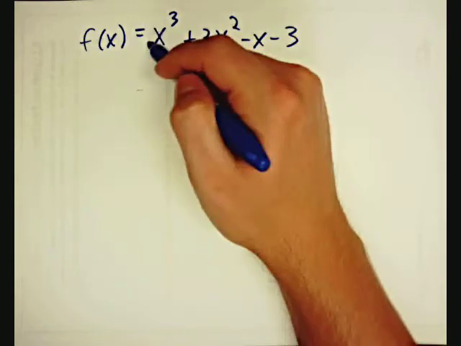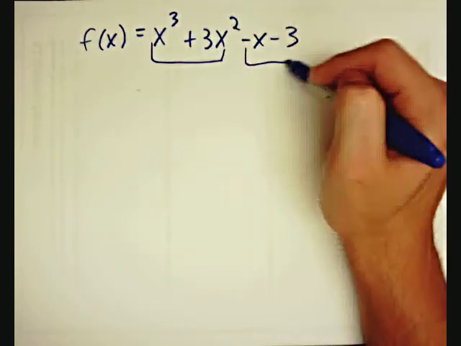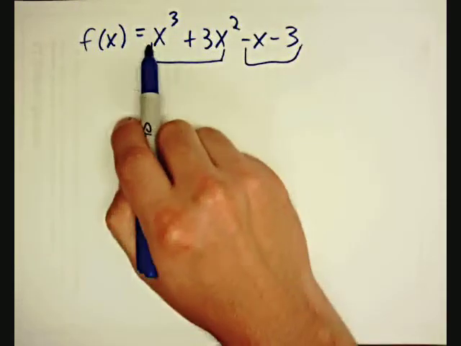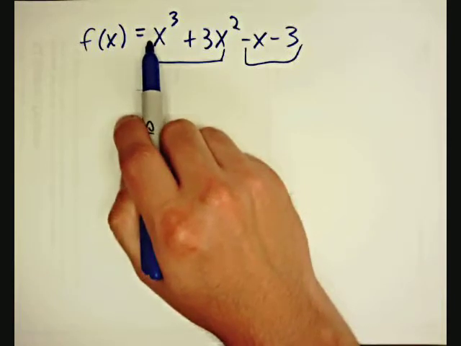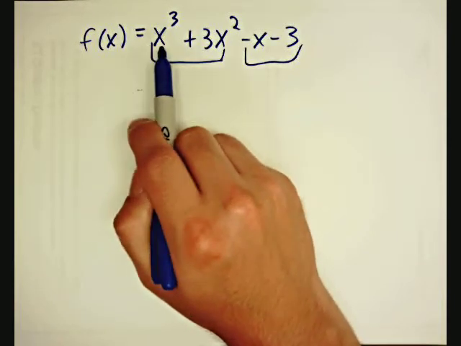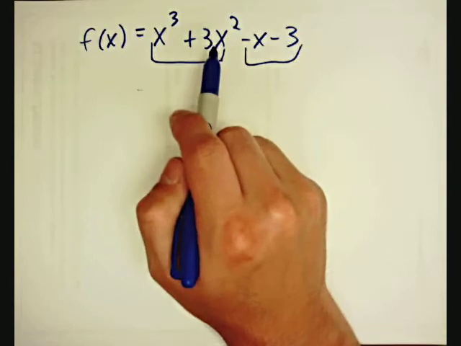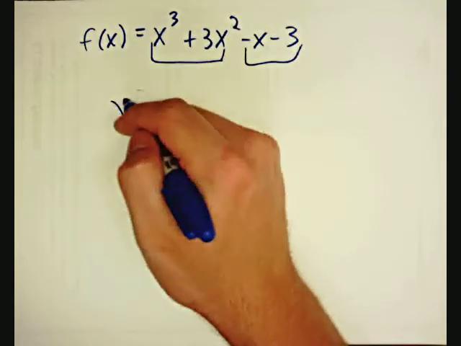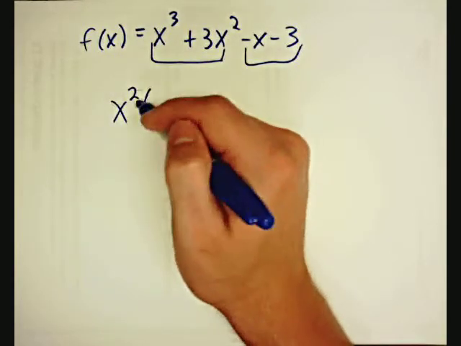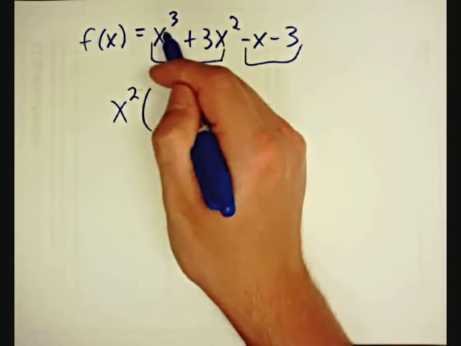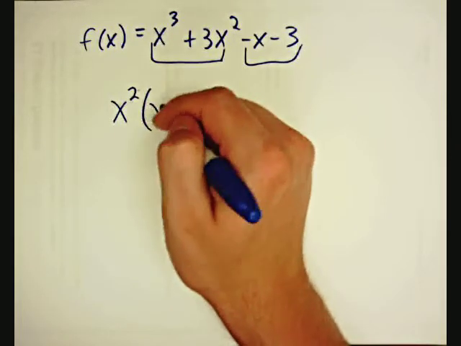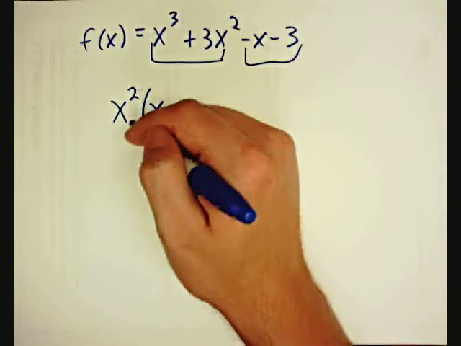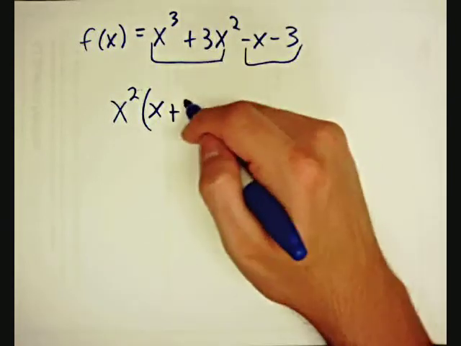Group the first two together, group the second two together. The first two have a coefficient of 1, so just look at the x's, x cubed and x squared, so we can factor out an x squared. If you take x squared out of x cubed, you're left with x. And if you take x squared out of 3x squared, you're left with 3.